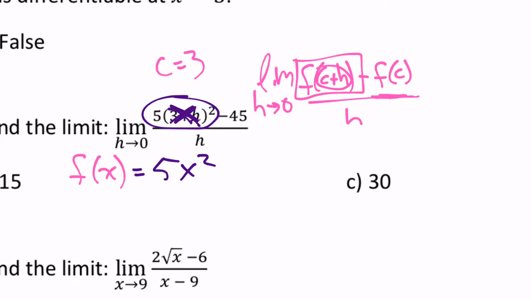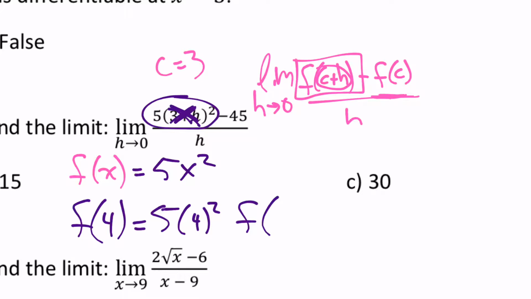Because what does function notation mean? Well, function notation means if f of x is 5x squared, and I wanted f of, let's say, 4, well, that means take 4 and plug it in to x, so 5 times 4 squared. If I wanted f of, I don't know, a smiley face, I would start writing my function, but instead of an x, I would write a smiley face.